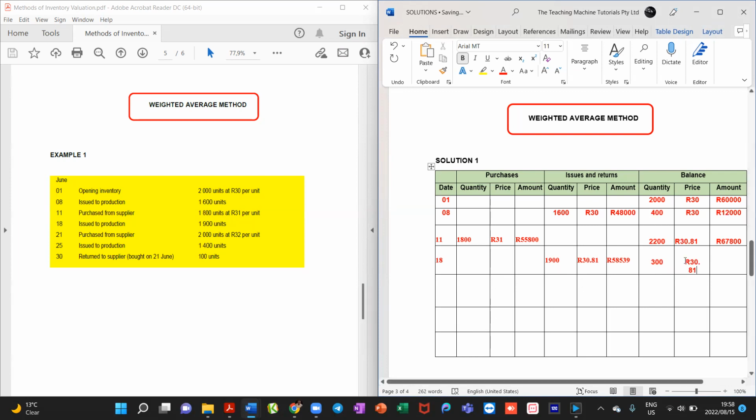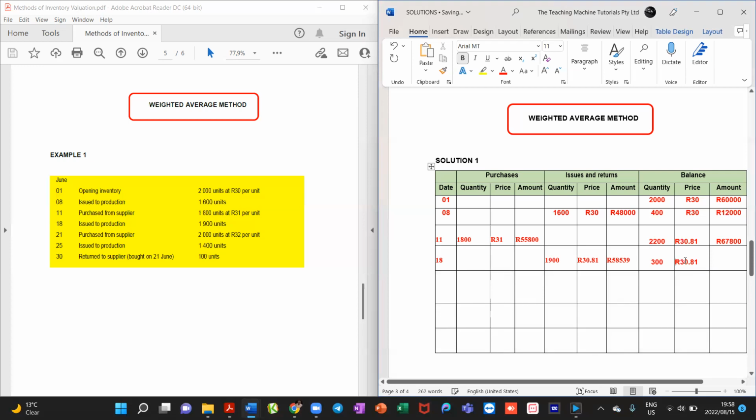Ketiwe, how much is 300 times 30.81? 300 times 30.81 is 9,243. Okay, perfect.